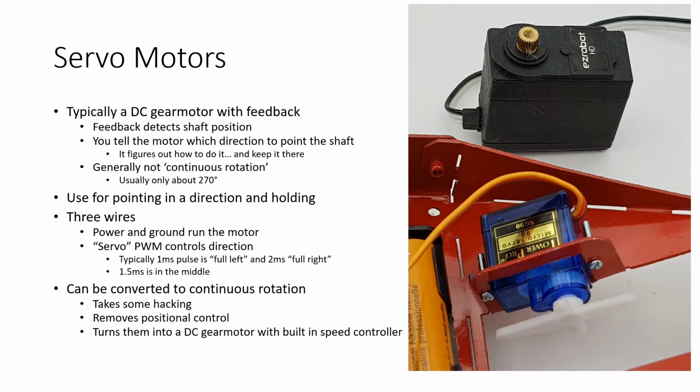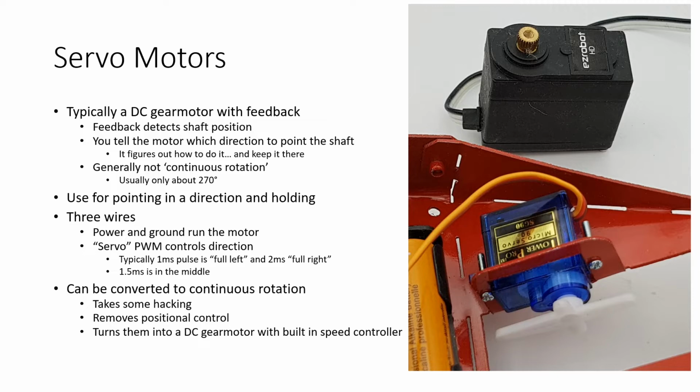Different servo motors will have slightly different figures, and you can adjust them as you set up your control for that motor. One of the great things about these is they will move into the position that you tell them to go to, and they will stay put right there, and they will fight somebody if they try to change that. So these can handle a load and stay in position. The cost of that benefit is that they do not have continuous rotation.